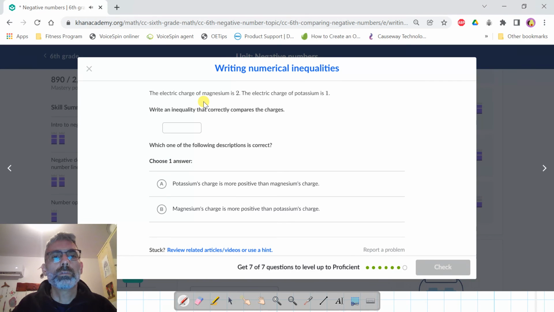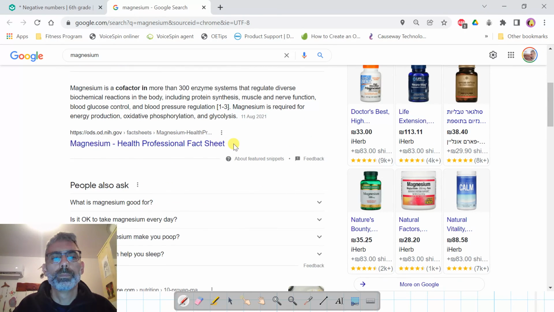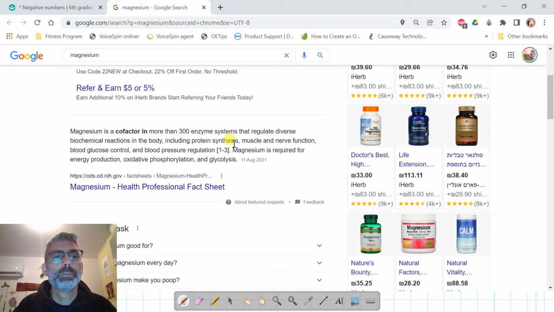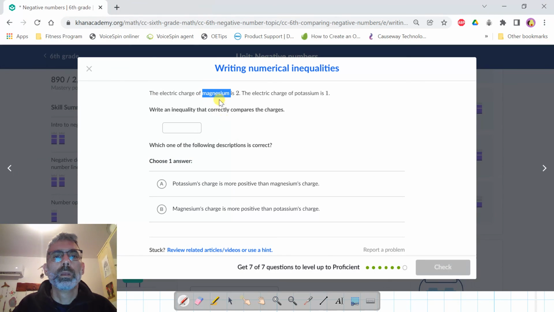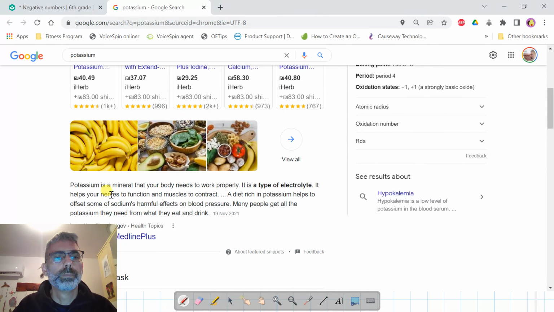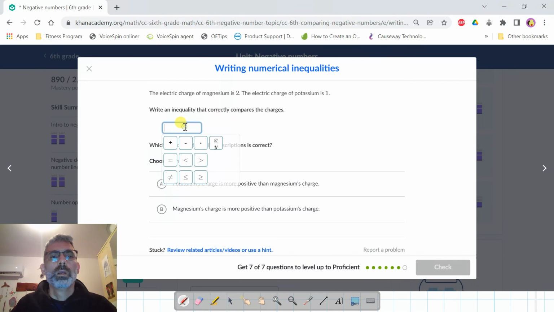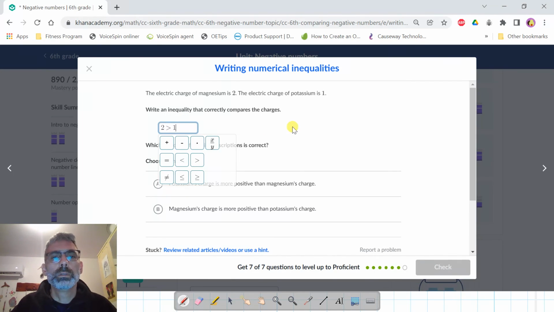The electric charge of magnesium is 2. The electric charge of potassium is 1. Okay, so 2 is greater than 1.